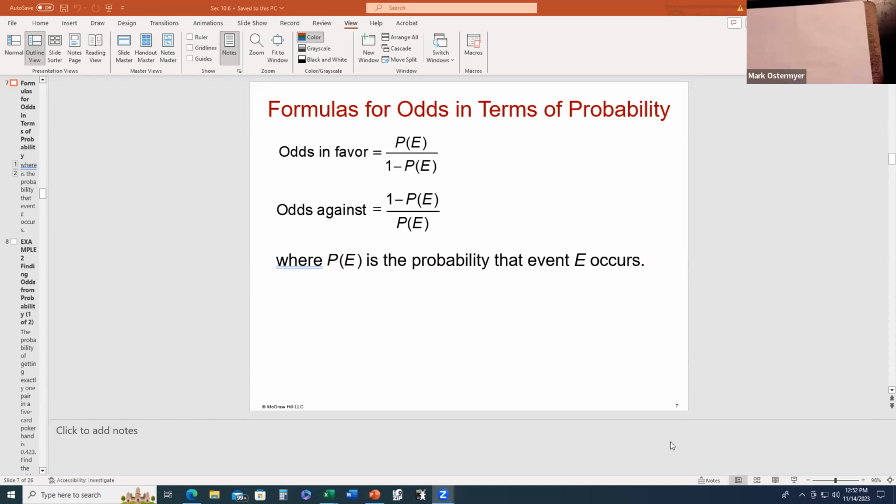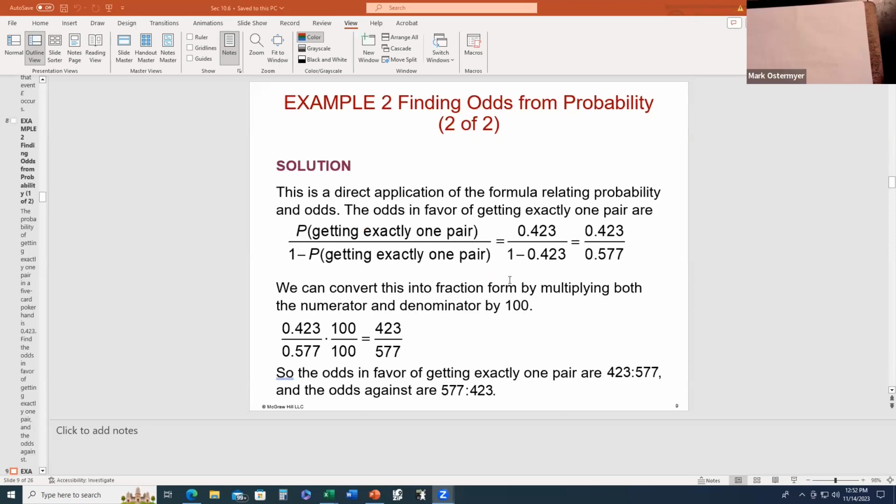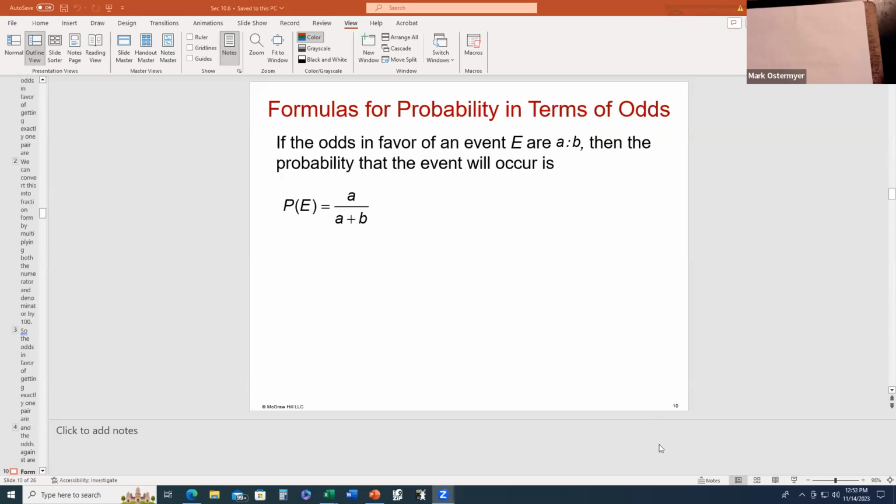So if nothing else, you want to memorize this formula here that takes you from probabilities back to odds. And this formula here takes you from odds back to probabilities. So just by knowing those two formulas, we can hopefully navigate back and forth between odds and probabilities.